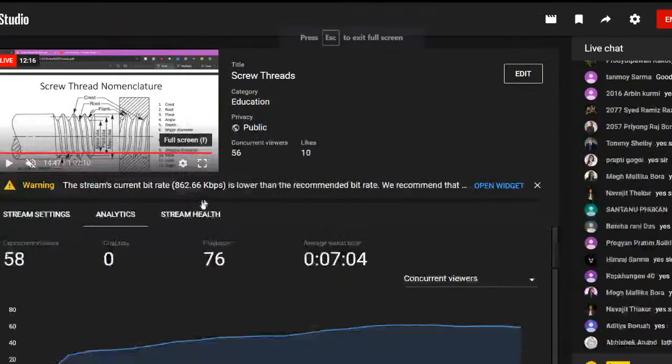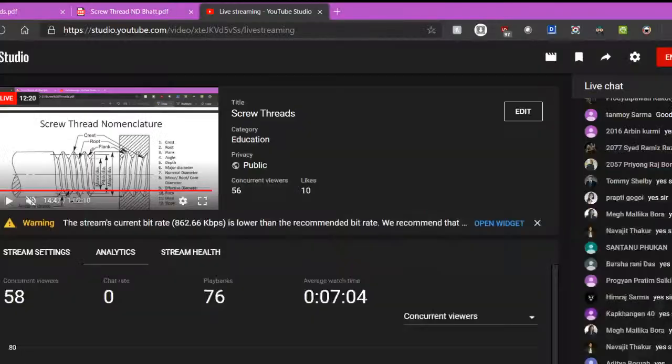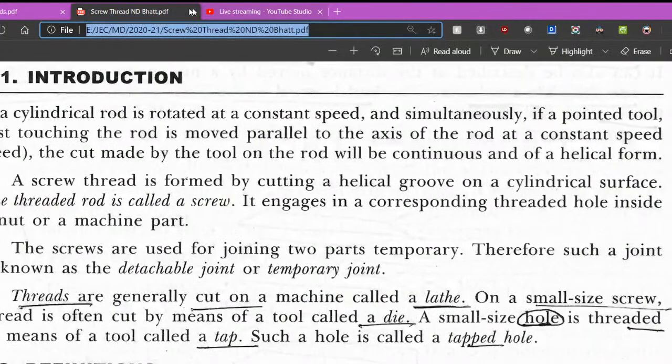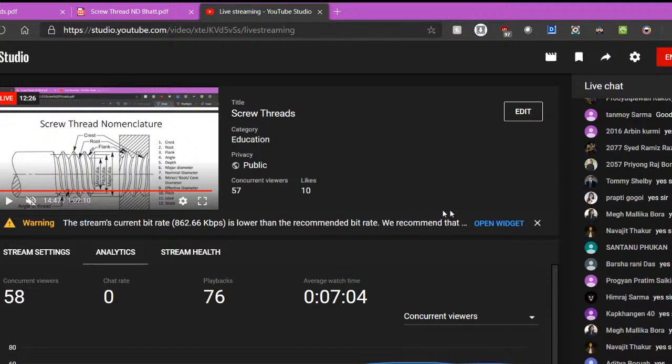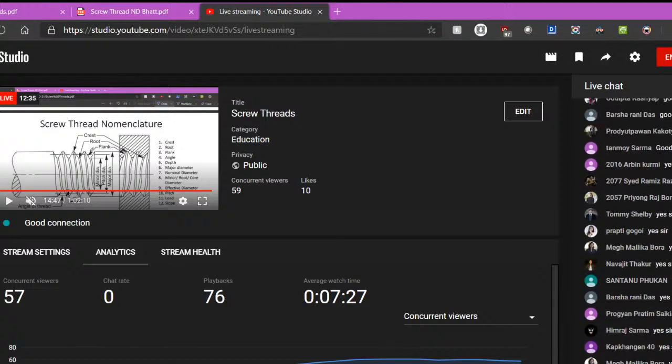How to watch screen. Okay. So if you have any doubt till now, you can tell me. I am reading your comment box.